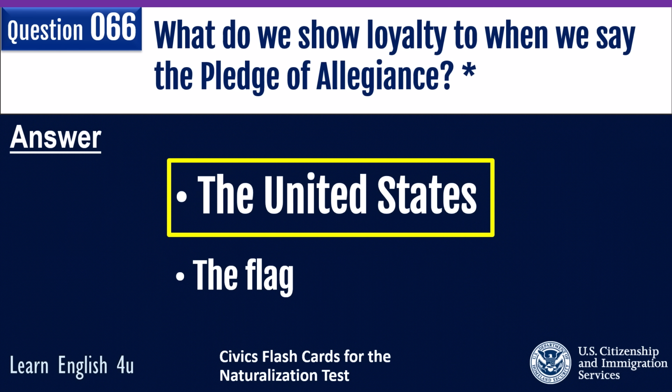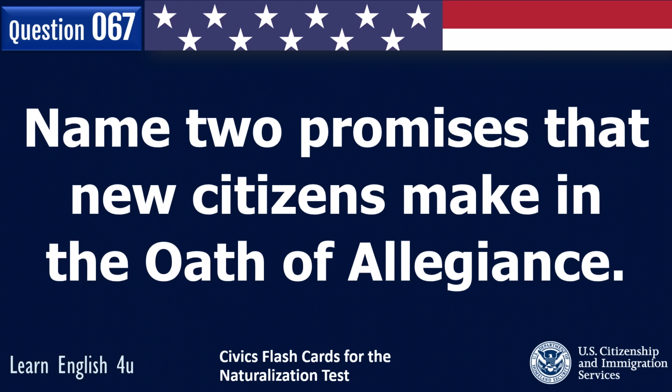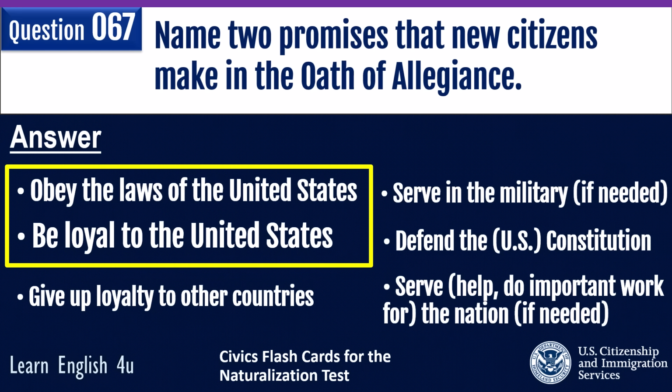The United States. Name two promises that new citizens make in the Oath of Allegiance. Obey the laws of the United States. Be loyal to the United States.